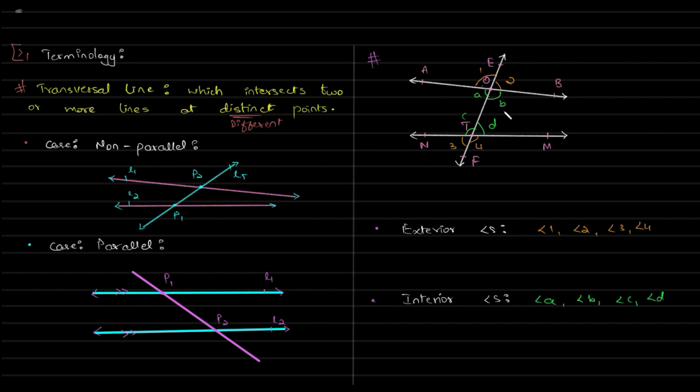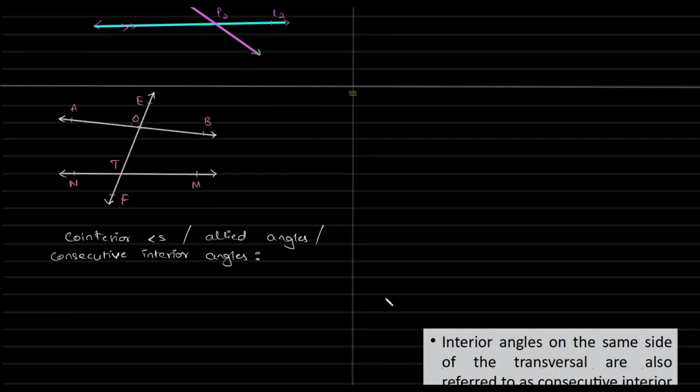It's some two random lines and this is a transversal line. So all these terminologies do apply to such figures as well. I've seen that you guys get used to the idea of parallel lines and all these angles related to that. I want you guys getting used to this as well.